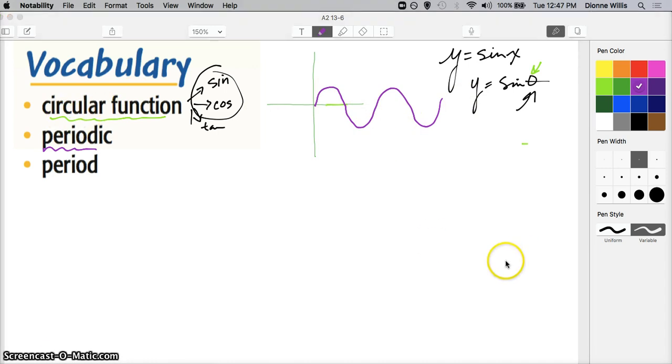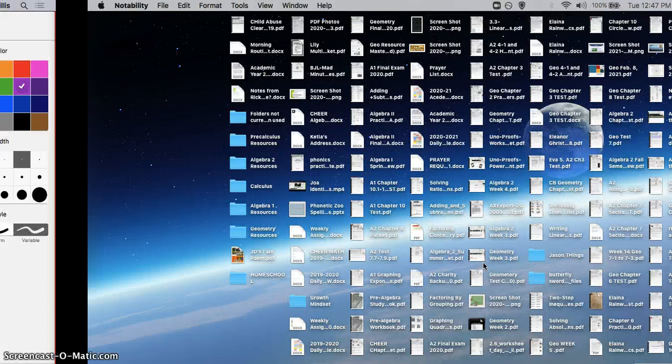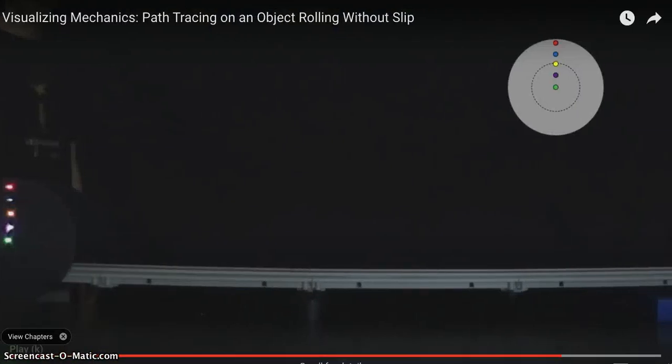So let's take a look at where a periodic or circular function would be necessary in real life. We're just going to take a glance at this YouTuber visualizing mechanics, path through an object rolling without slip. I'll give you the details of the name so we can honor this person's work.